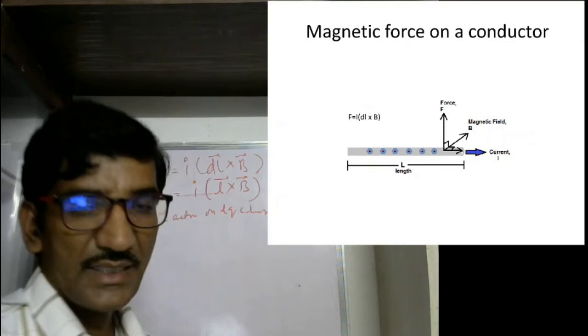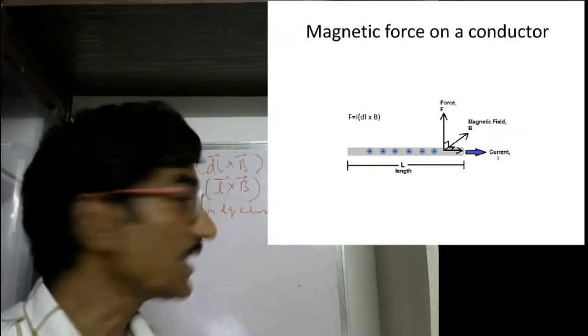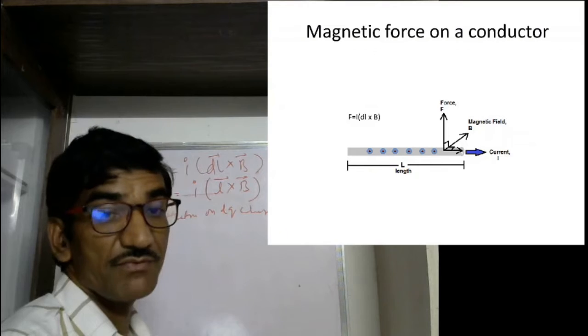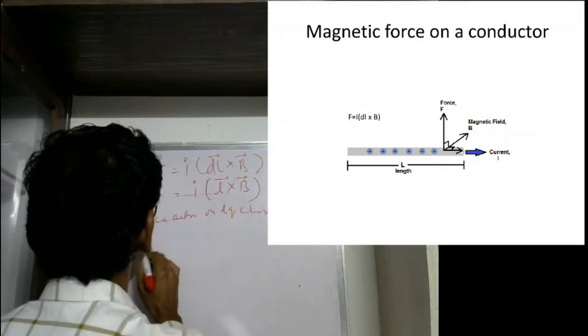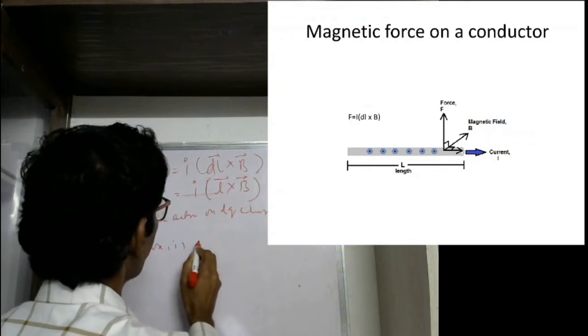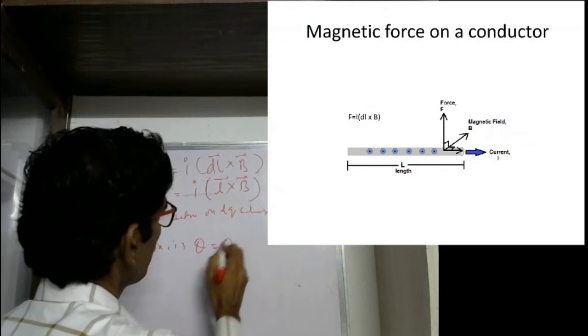Whenever dL and B are perpendicular, what happens? Maximum force will act. Otherwise, take theta equal to 0.